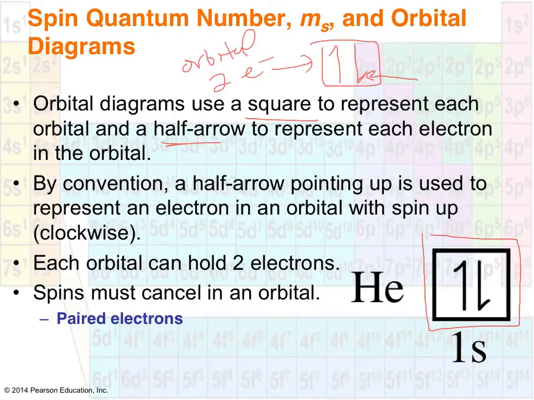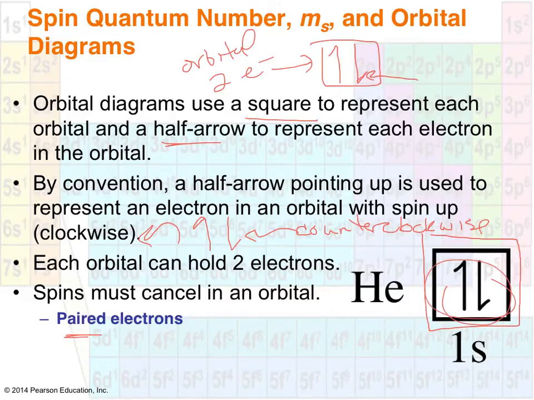The spin up electron is understood to have a clockwise spin, and the spin down electron is understood to have a counterclockwise spin. So if you have 2 electrons in an orbital, the spins must be opposite of one another.